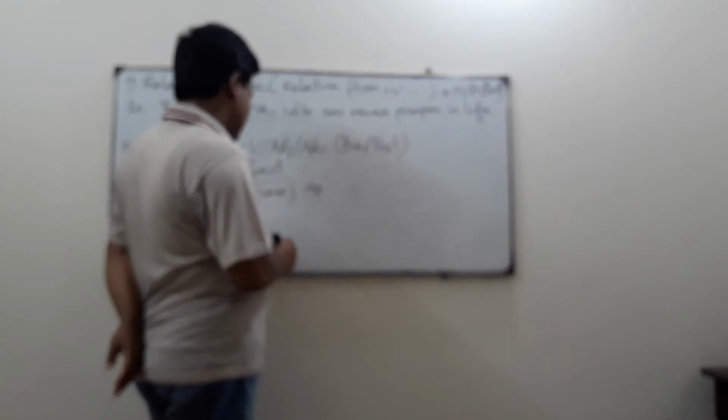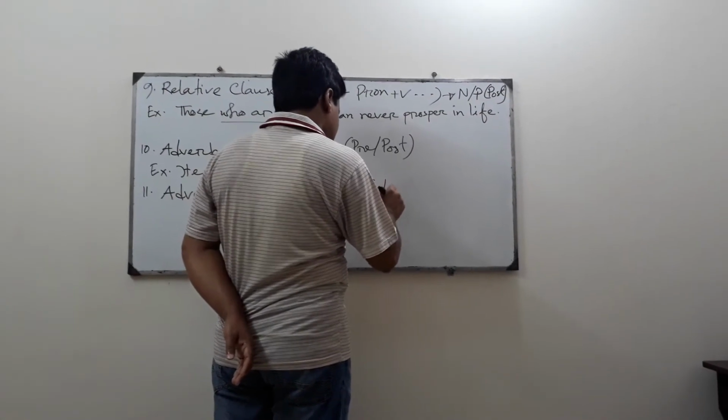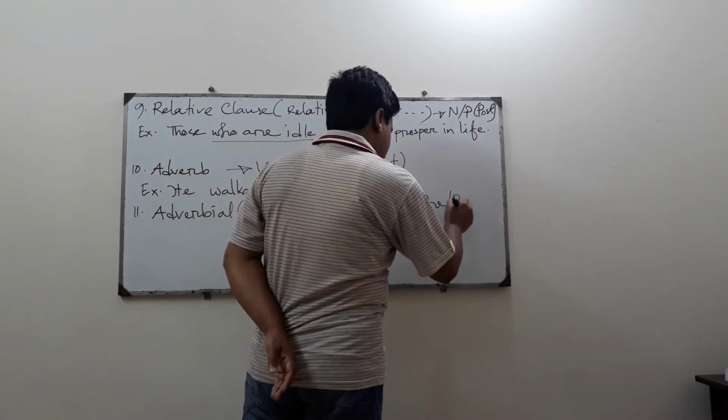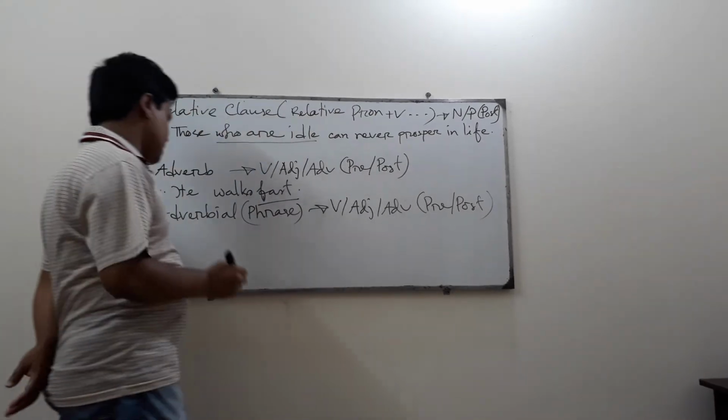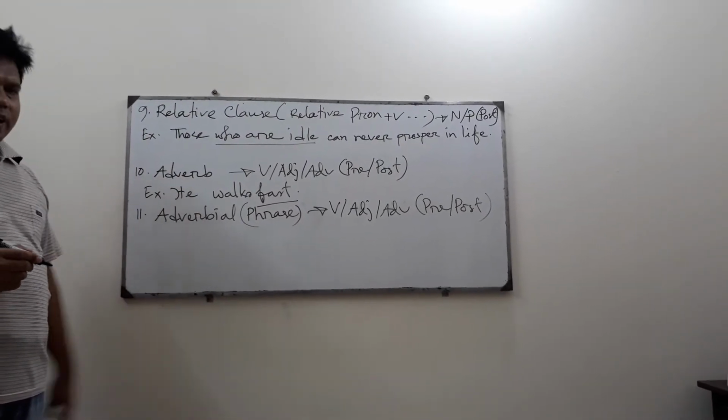It's a kind of phrase and it also modifies a verb or an adjective or an adverb. It may be a pre-modifier or it may be a post-modifier. That means an adverbial or an adverbial phrase acts just like an adverb.